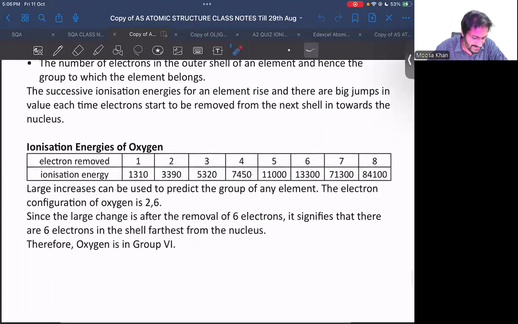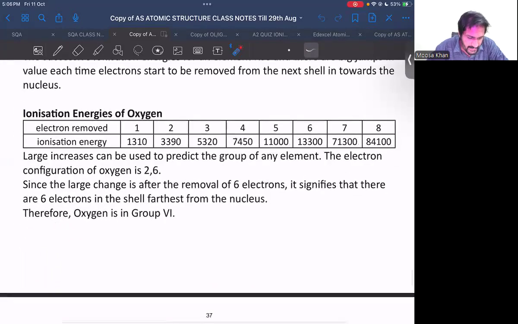If you see the ionization energies of oxygen, can you guys identify between which 2 ionization energies you can find a big jump in the oxygen atom? I'm asking you guys. 4th and 5th.